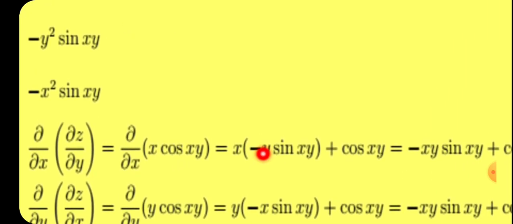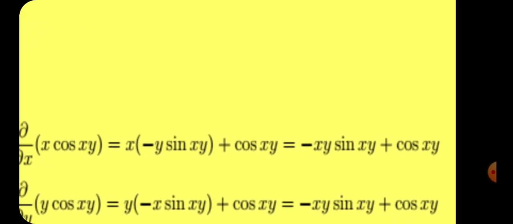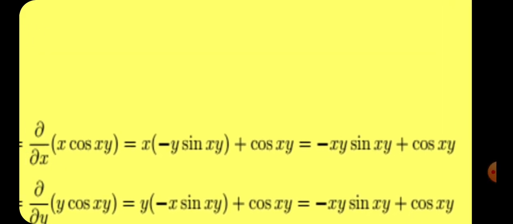First times the derivative of the second: the derivative of cosine xy with respect to x is negative sine xy times the derivative of what's inside with respect to x, which is y, plus the derivative of the first, which is 1, times the second, which is cosine xy. You can simplify this to negative xy sine xy plus cosine xy.